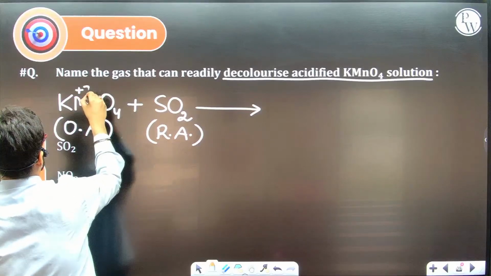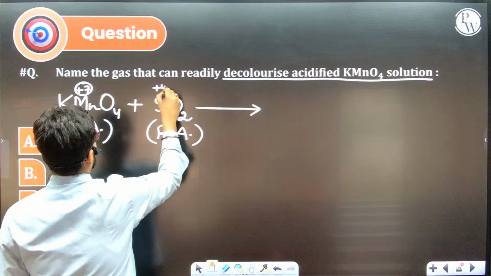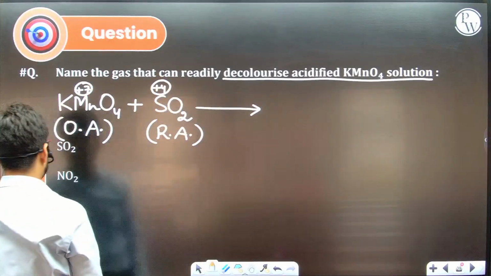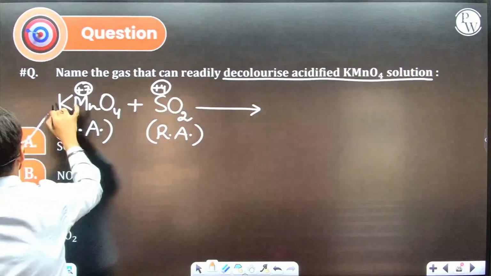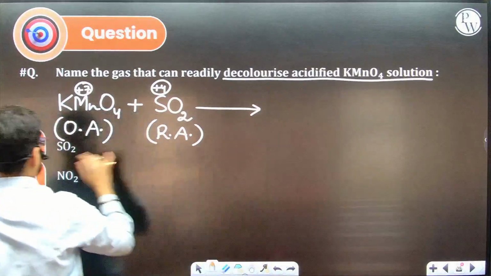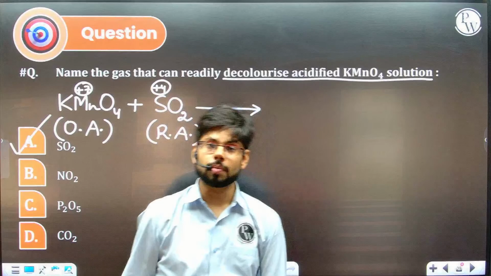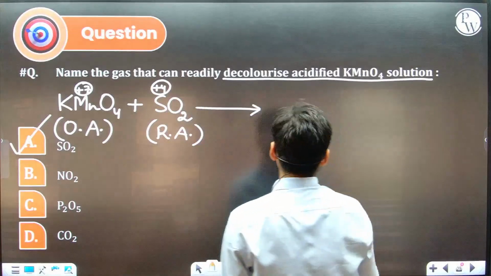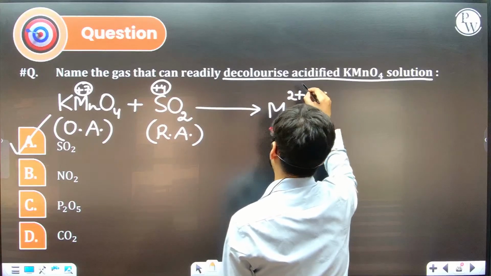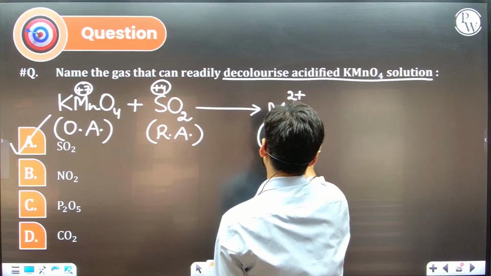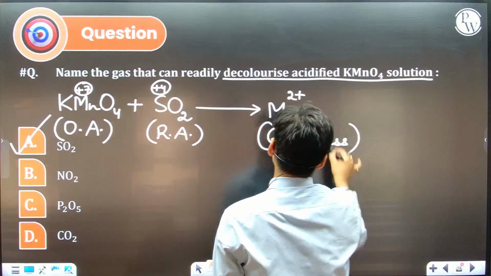Oxidation state of Mn is +7 here, it will undergo a decrease in oxidation state, and here oxidation state of sulfur is +4, this will undergo an increase in oxidation state, so I'll say SO2 is getting oxidized. That means SO2 is acting as reducing agent, and the reaction taking place is a redox reaction. So acidified KMnO4 solution is getting decolorized because Mn2+ is colorless.